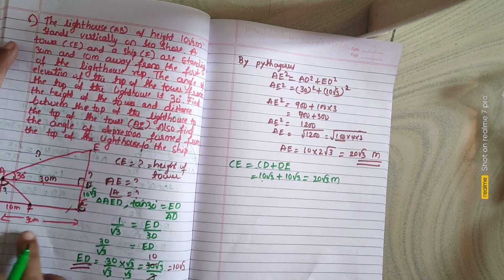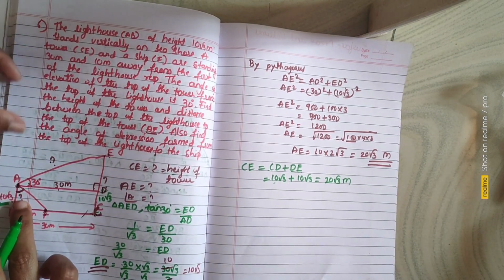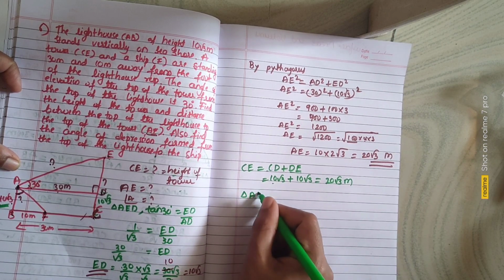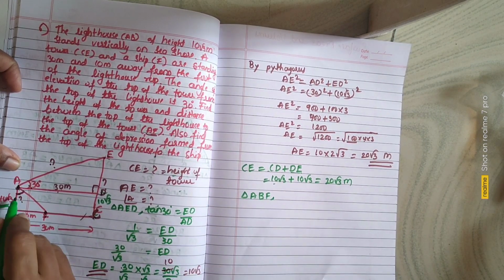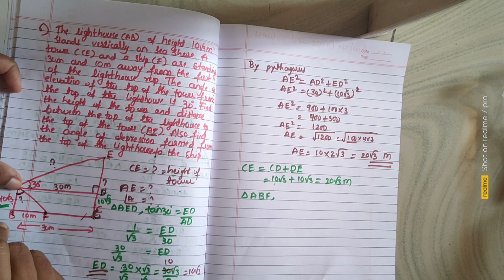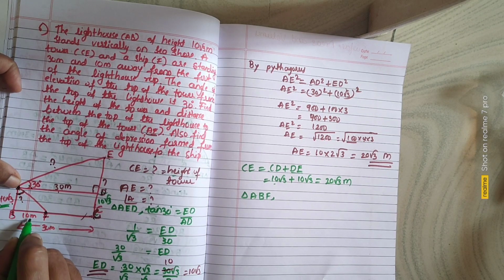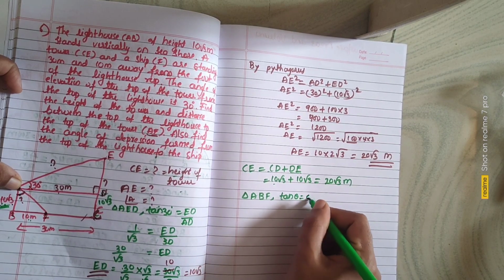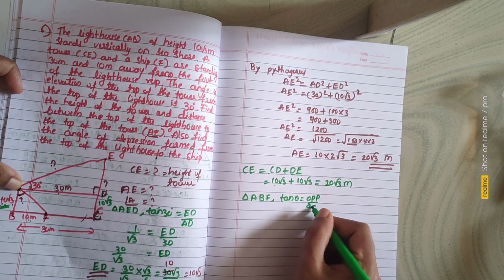Then again we need to calculate this angle. I just take this triangle, triangle ABF. Opposite by adjacent: tan theta is equal to opposite by adjacent.